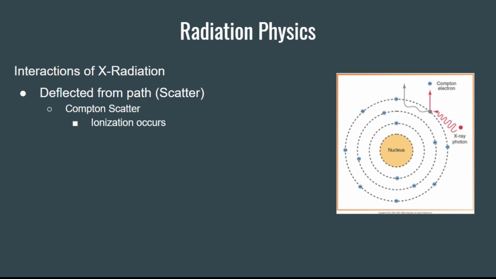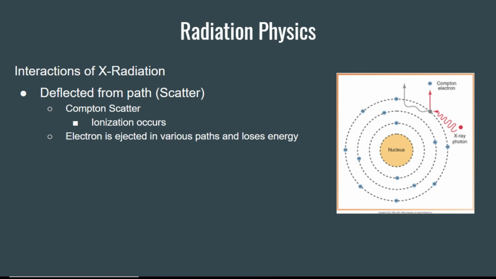And with this type, ionization does occur. So that electron is ejected. It has a bunch of different potential paths to travel, and it's going to lose energy as it travels along that path. It is now weaker, and it will continue to interact with other atoms until all the energy is gone.